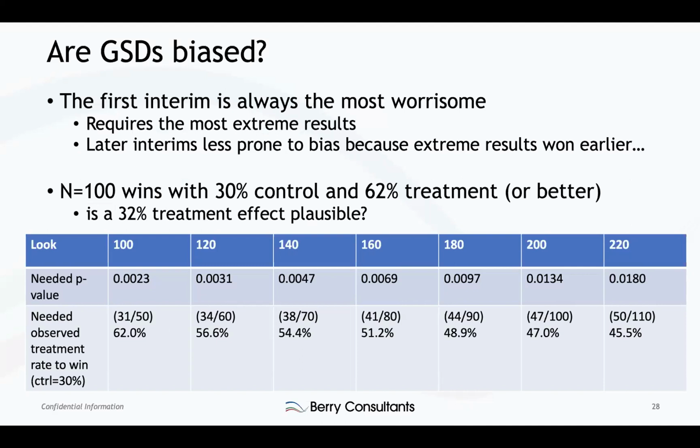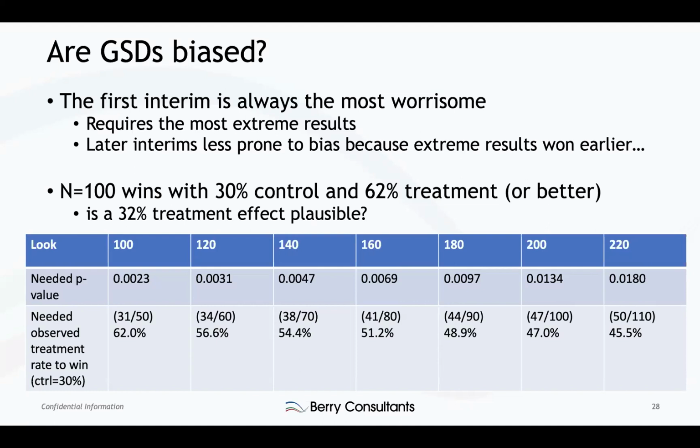Now, the most important thing when you evaluate a group sequential is what's happening at the first interim. The first interim comes up over and over again. The reason is, if you're going to get biases, the first interim requires the most extreme results to win. If we're doing O'Brien-Fleming, you can get odd situations if you're doing a very aggressive alpha spend, maybe not, but in most cases, the first interim is requiring the most extreme results.